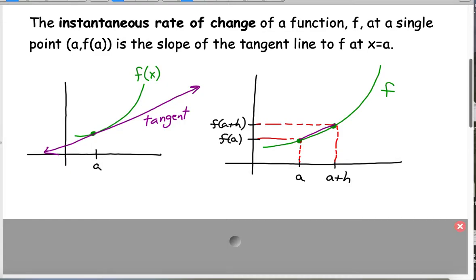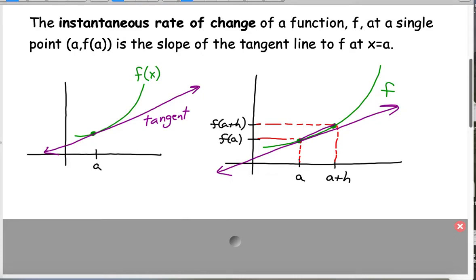And so now with that, we can calculate the slope between those 2 points on our function, and that should be close, not exactly equal to, but close to the slope of the tangent line to our function at a. It won't be exact, but it'll be close.